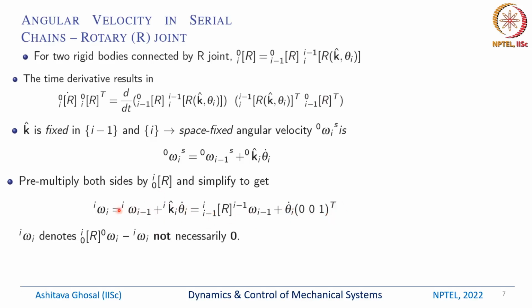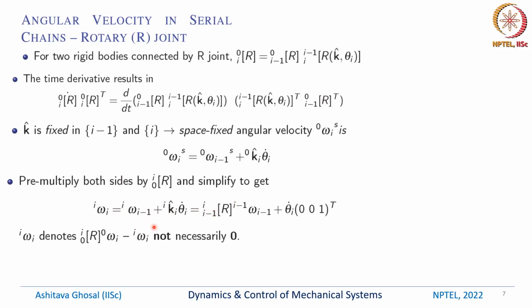Whereas this term, ^i omega_{i-1}, can be rewritten as ^i R_{i-1} times ^{i-1} omega_{i-1}. Again, simple matrix multiplication.